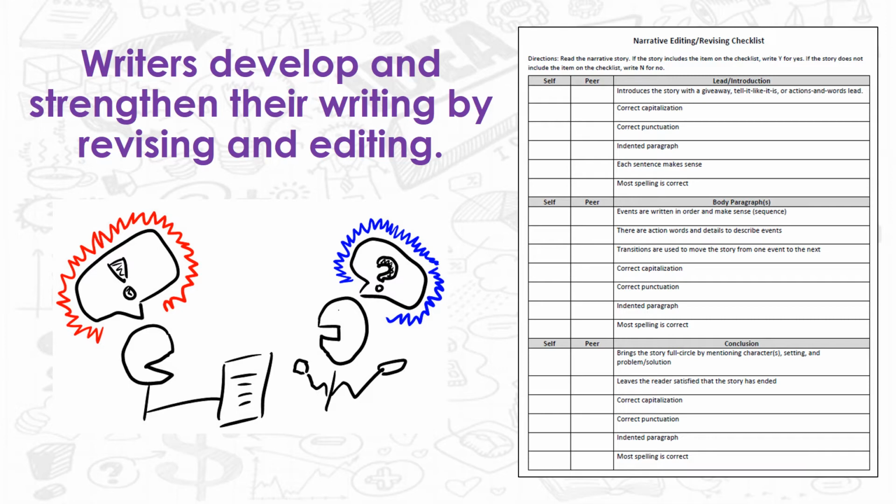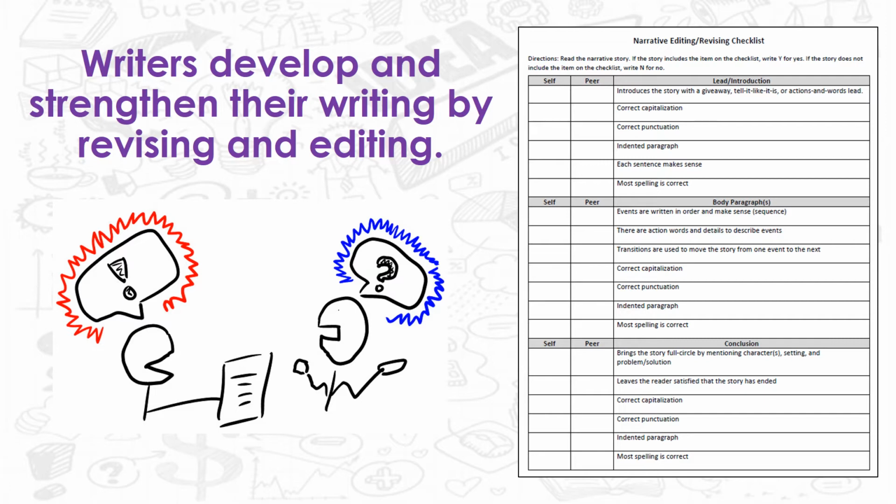Okay, so here's how you complete this checklist. On the column that says self, you're going to go item by item and read those things. So let me start at the top. In the top section it says, introduces the story with a giveaway or tell it like it is or actions and words lead. So if you did that and you are looking at your own story, you're going to put a Y under self, a Y for yes.